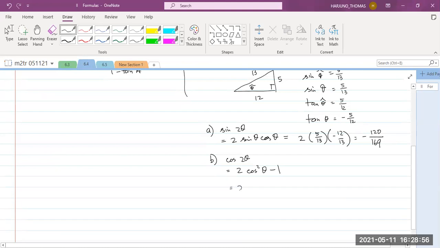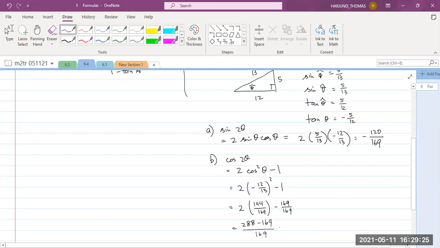This is 2 times negative 12 over 13 squared, minus 1. That is 2 times 144 over 169 minus 1, let me use the LCD at the same time. So this is 288 minus 169 over 169.